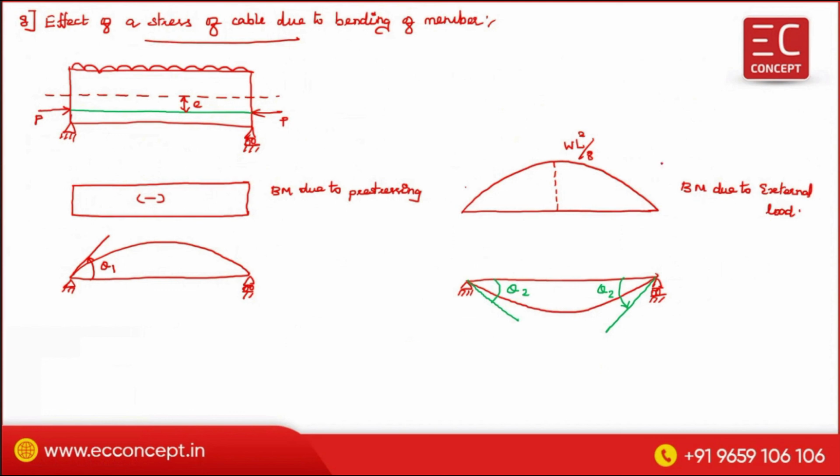Now in that we are going to see first of all case 1, some of the important points. Case 1: if theta 2 is greater than theta 1, that means the slope due to external load is greater than slope due to pre-stressing force, then the total elongation of cable happens.